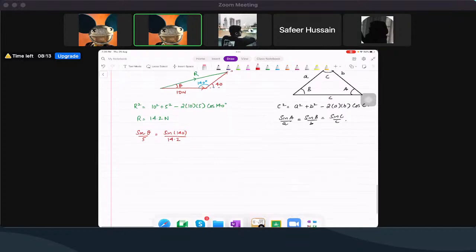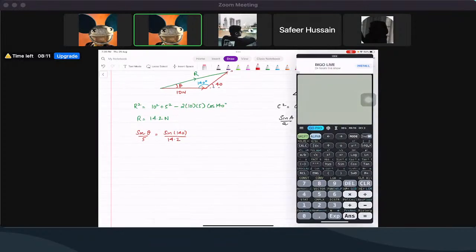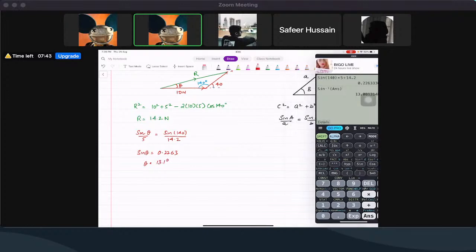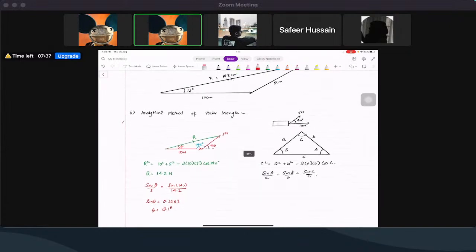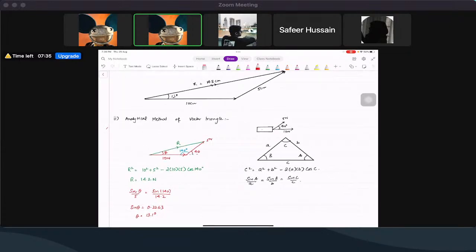So sine theta is going to be sine of 140 times 5 divided by 14.2, and that's going to be 0.2263. So for theta, you have to take sine inverse. So shift sine, and the answer is going to give us exactly 13.1 degrees, which is the same as the one we did, right? We got 13 and we got 13.1. So it basically doesn't really matter which method you use, it will be accepted anyway. Do you guys understand?